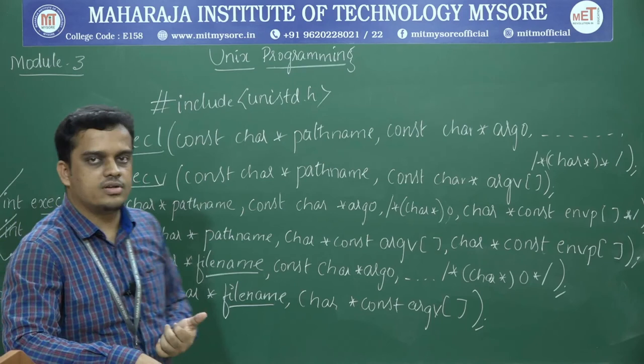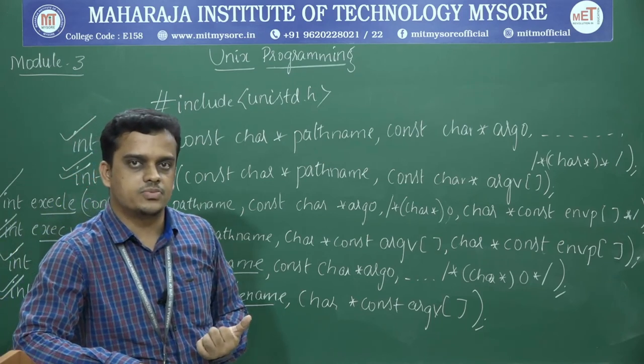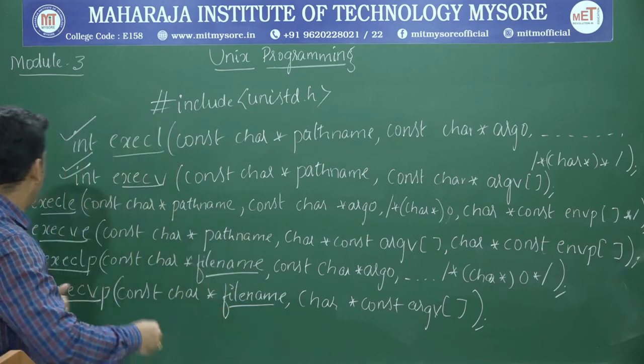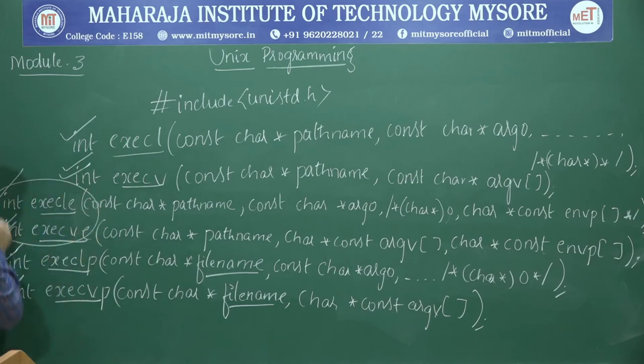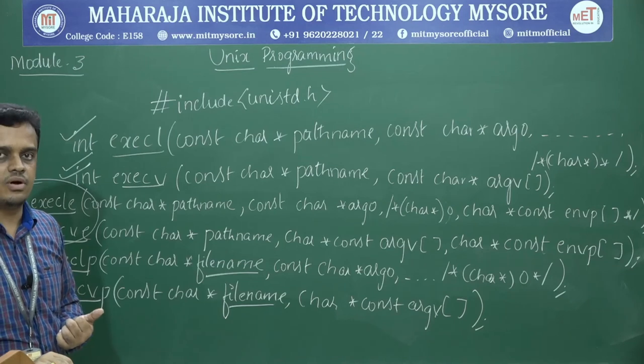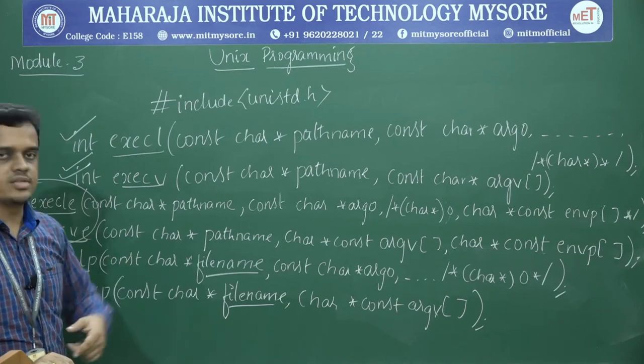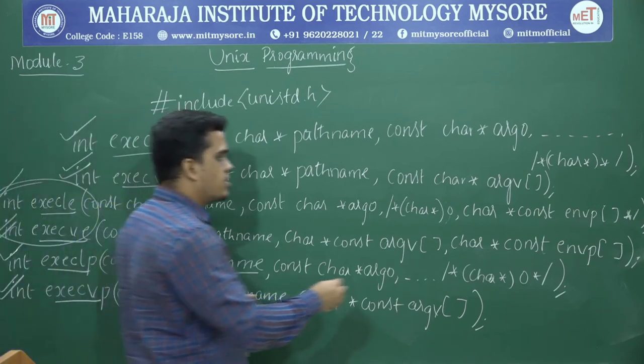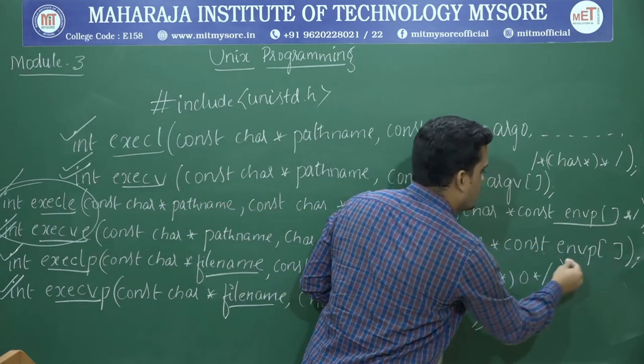And the last major difference with respect to these 6 different exec forms is exec LE and exec VE. So these 2 different forms of an exec function have one more extra argument. That extra argument is nothing but an environment variable.